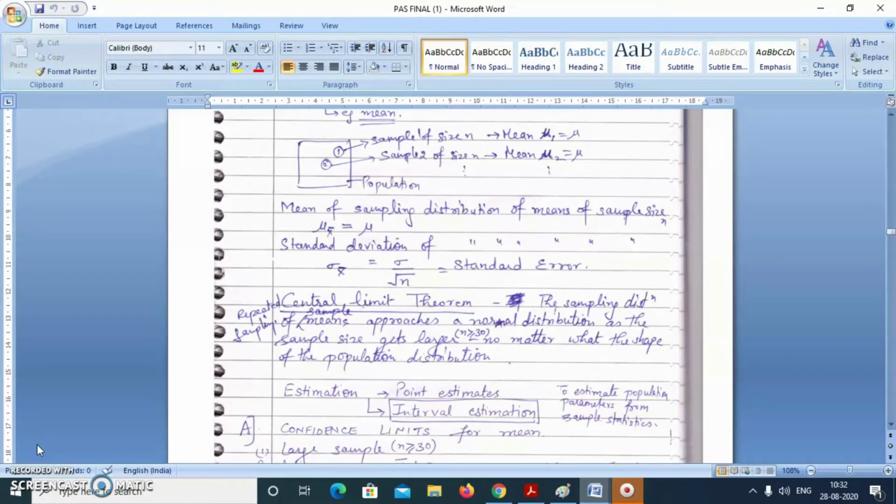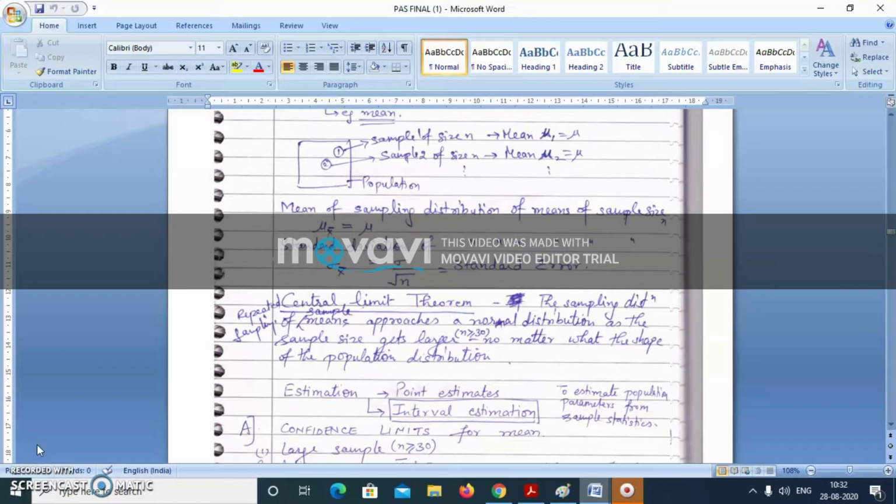Now, if we prepare a sampling distribution of means of sample size n, that will always be a normal distribution. This is the central limit theorem.